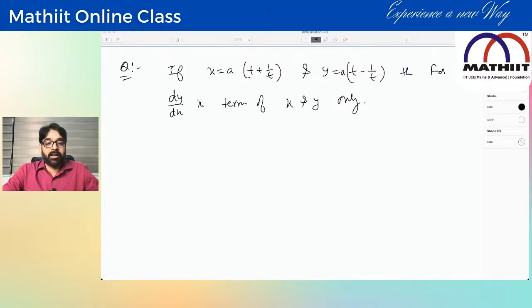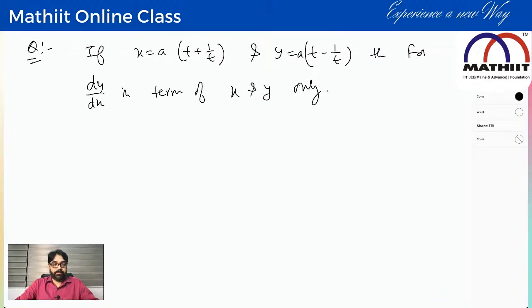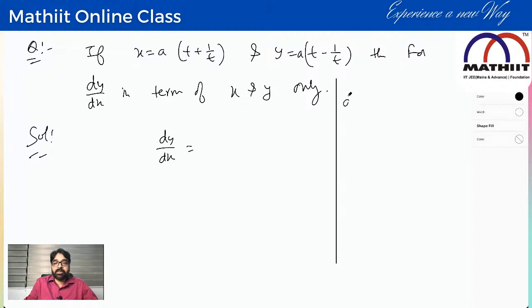I guess all of you were able to get it very easily. Fine. So in this question, I have to find dy by dx. So dy by dx will be equal to dy by dt divided by dx by dt. Watch it carefully. dx by dt will be what? Here I am solving. dx by dt means differentiation of this with respect to t.